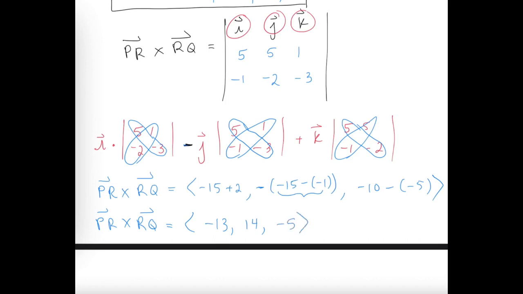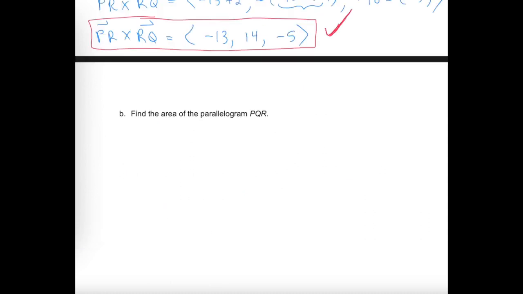And so here we have a vector <-13, 14, -5> that's going to be perpendicular to the plane that contains the three ordered triples that we started with originally. Now we're also asked to find the area of the parallelogram that's going to be determined by those vectors.